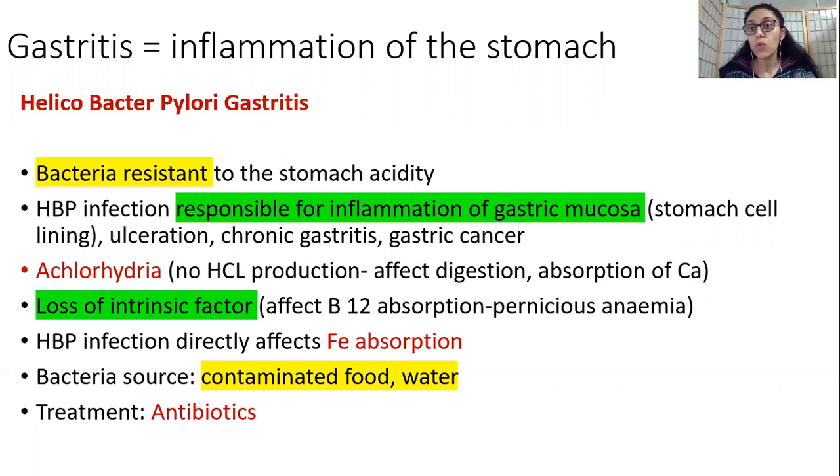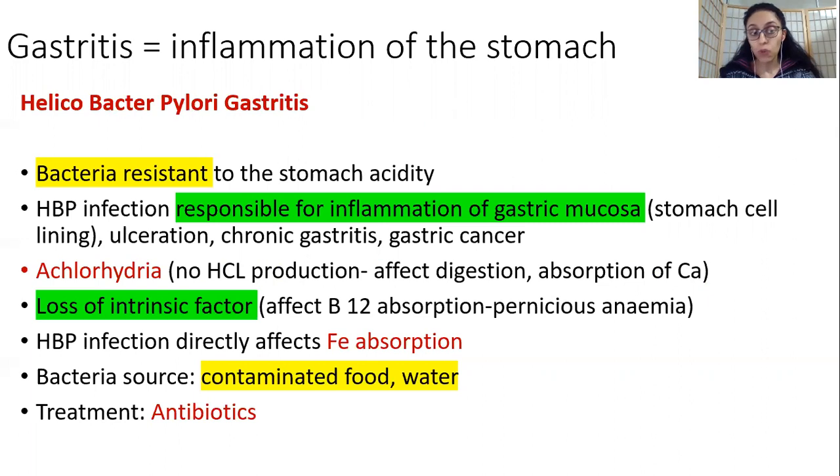And you know, calcium requires an acidic medium for its absorption, and therefore calcium absorption will be impaired. Helicobacter pylori also affects your intrinsic factor, and your intrinsic factor is important for your B12 absorption. Therefore, B12 absorption will be impaired.